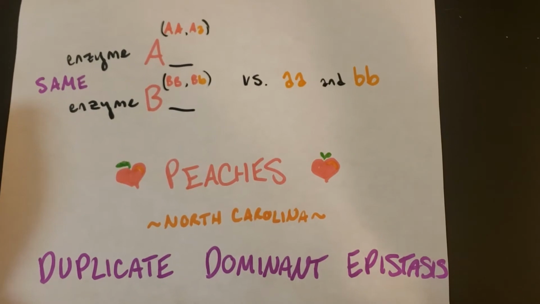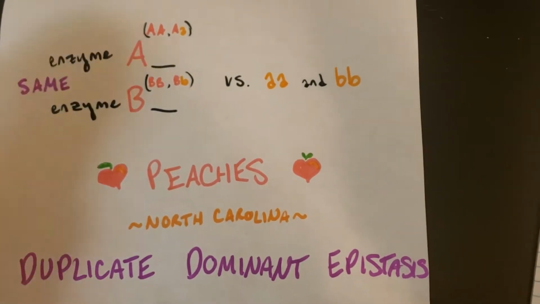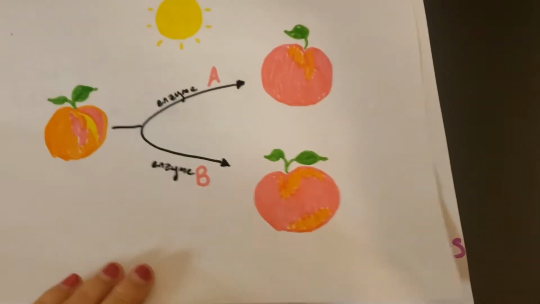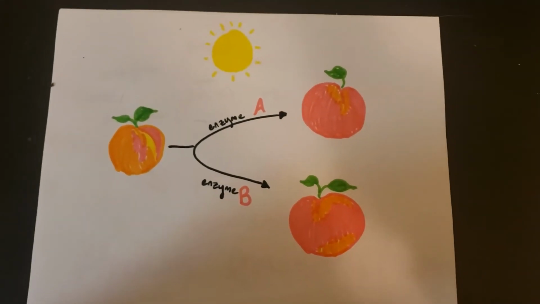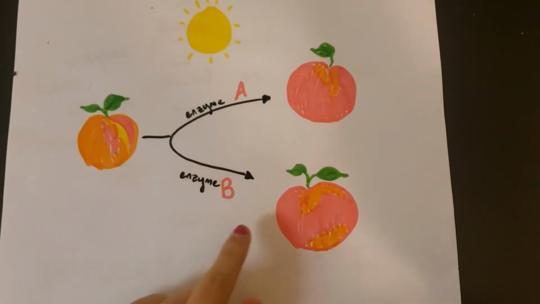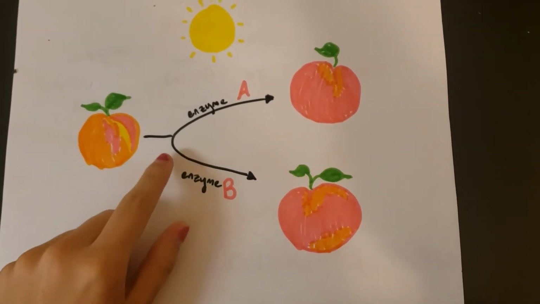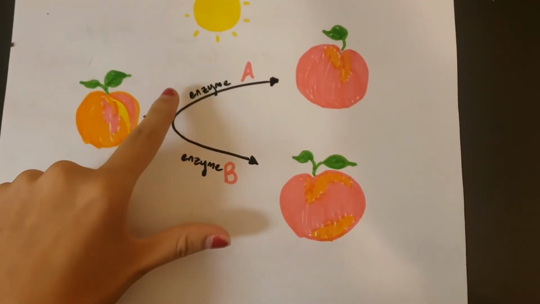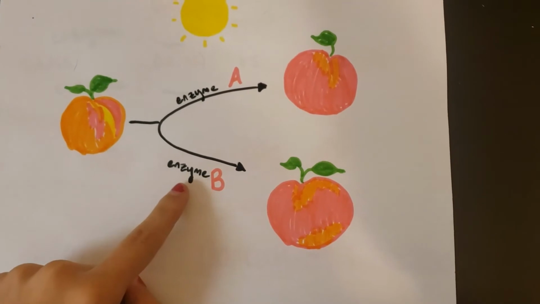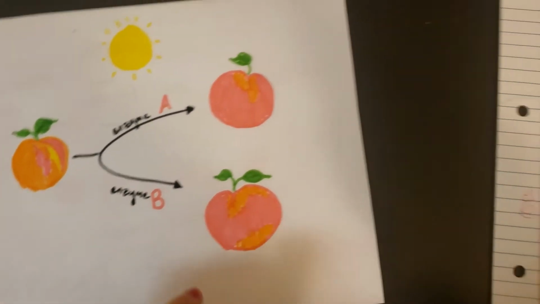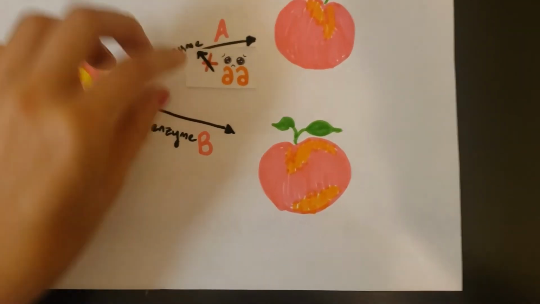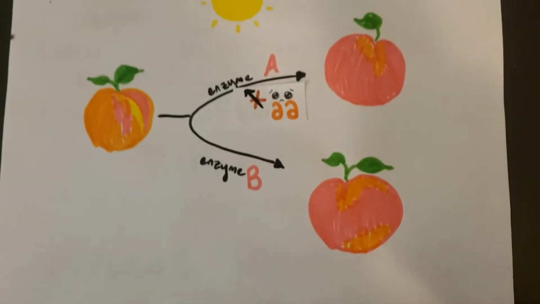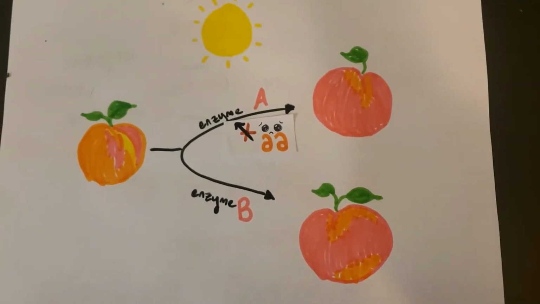So for my example, I'm going to be using North Carolina peaches. And this is going to be done with an orange phenotype being converted into a pink phenotype. This is done with our functional dominant alleles, also seen here as enzyme A and enzyme B. But say we don't get one of them, and instead we have a homozygous recessive allele at the A loci.